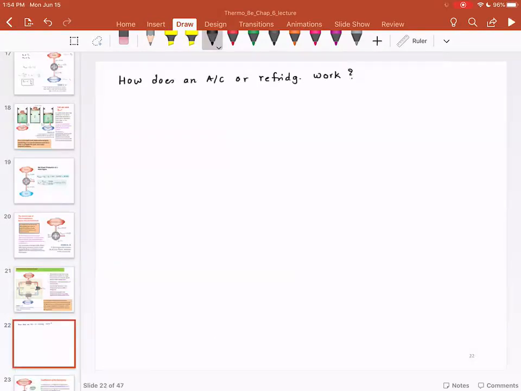What I want you to visualize, this is a thought exercise. Consider that you have a bottle of rubbing alcohol. Okay. And as you know, this bottle needs to be capped, otherwise the rubbing alcohol would evaporate.